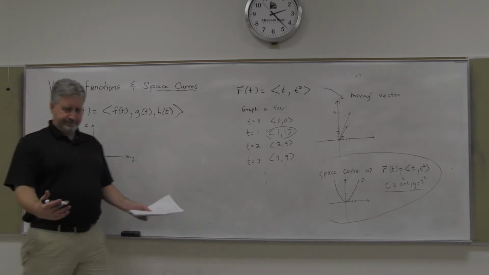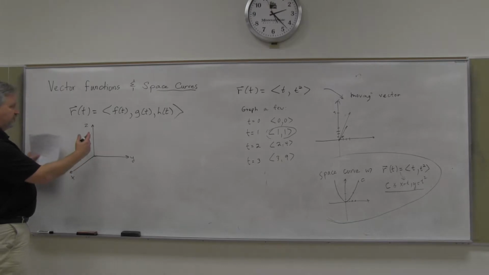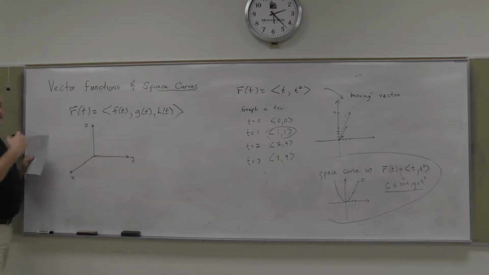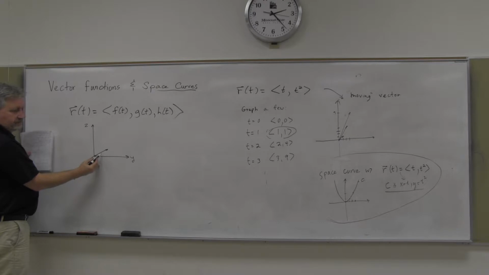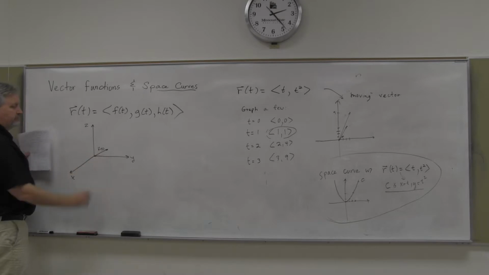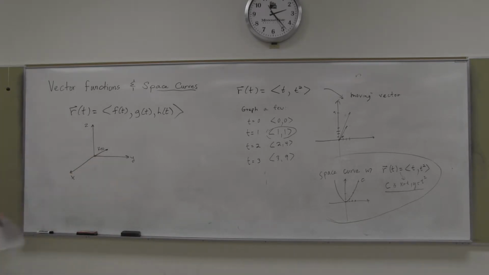So the space curve C here is going to be the curve. If I just did one vector here, just pick a t, say that t equals 1, that's our R of 1, or maybe I shouldn't call it 1, but you get the idea. So that's one of them.